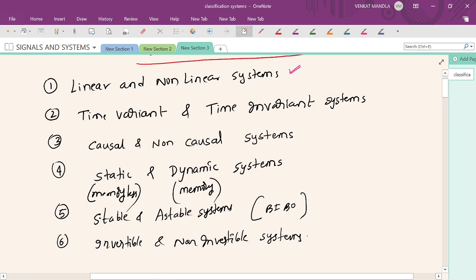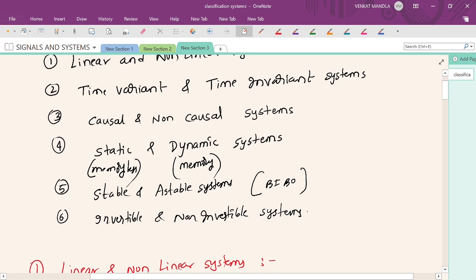And for causal and non-causal systems, if the present output depends only on present input and past output, then the system is said to be causal. The present output should not depend on future inputs. If present output depends on future inputs, then the system is said to be non-causal. And static and dynamic systems: in a static system, the present output depends only on present input, not on past input, not on future inputs.